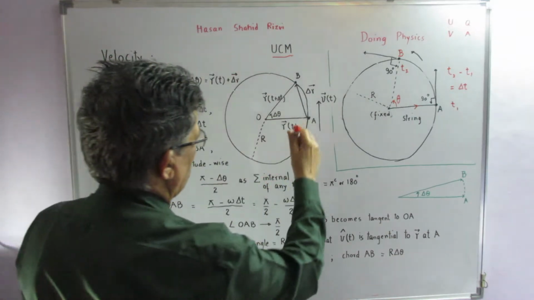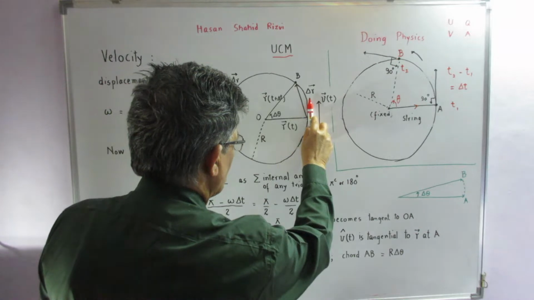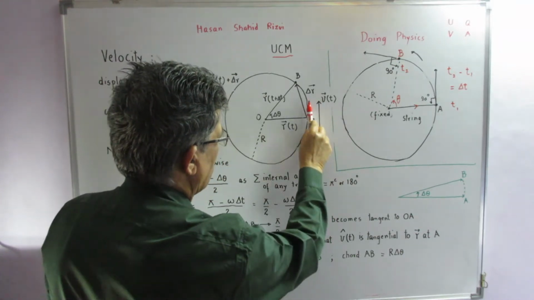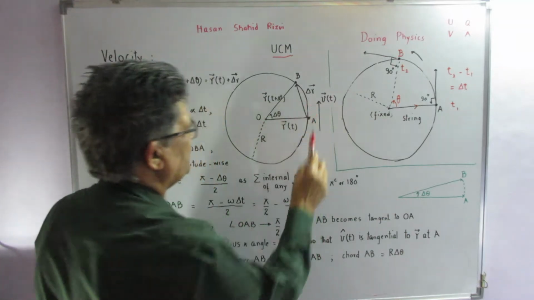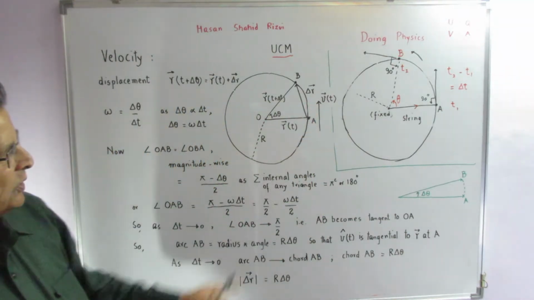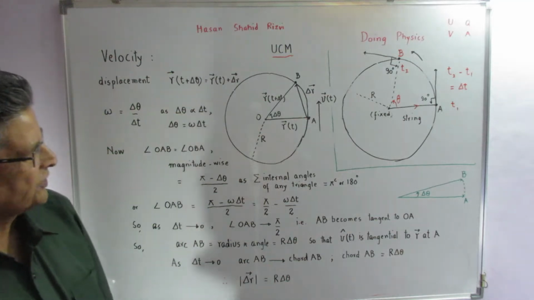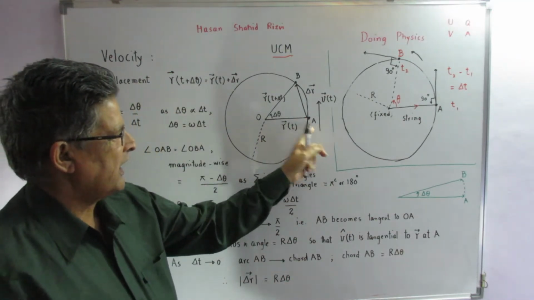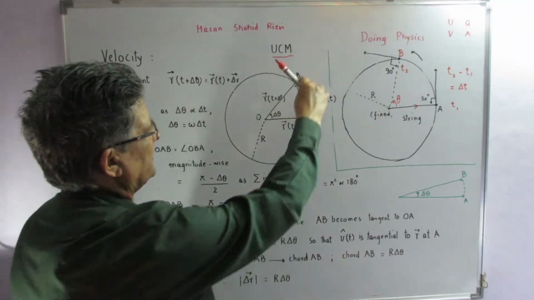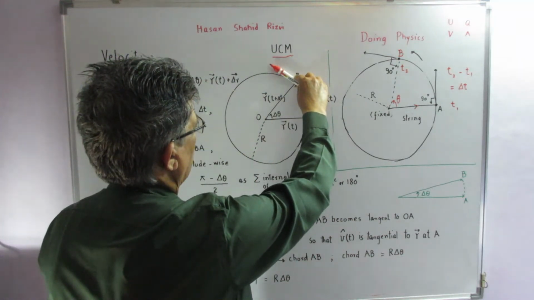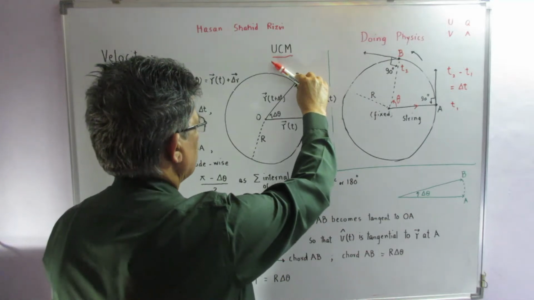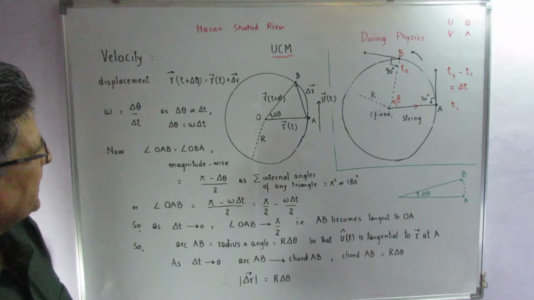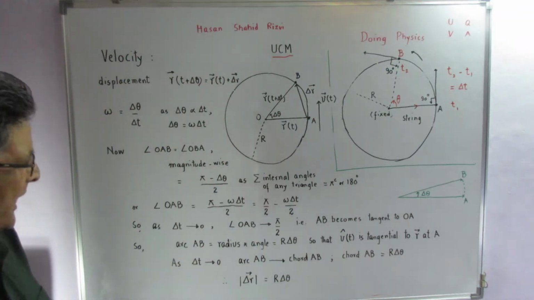Of course, the velocity at this moment, as you can see, which I have shown over here, is at an angle of 90 degrees to the displacement which we have at point A. And similarly, it will be there again, making an angle of 90 degrees with this as it goes to point B. So I write the equation.